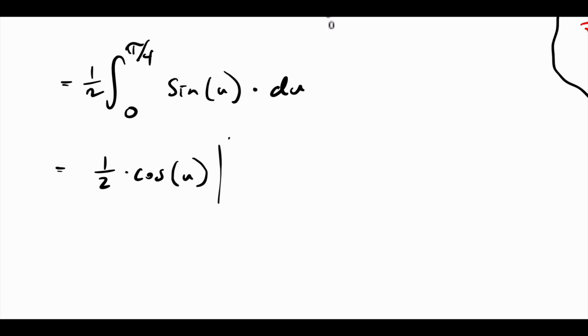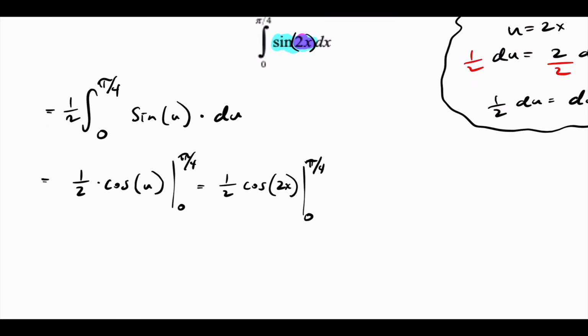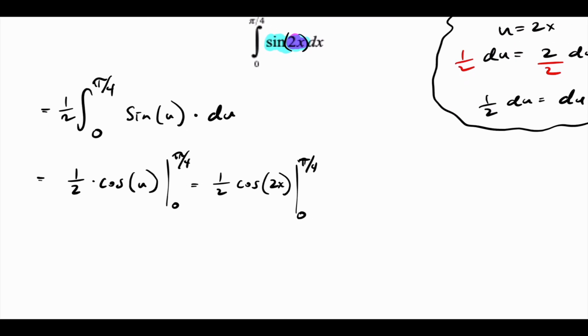I don't need a plus c since I have bounds. Move u back in. Okay. Last step, plug in pi over 4, plug in 0, see what you get.